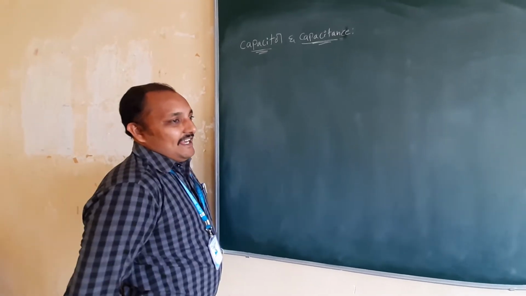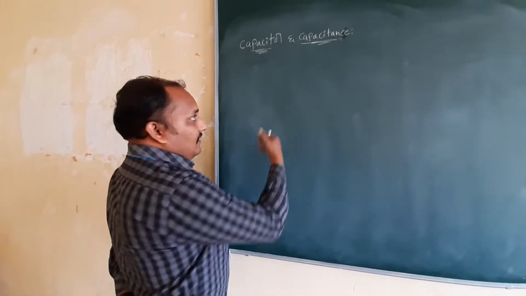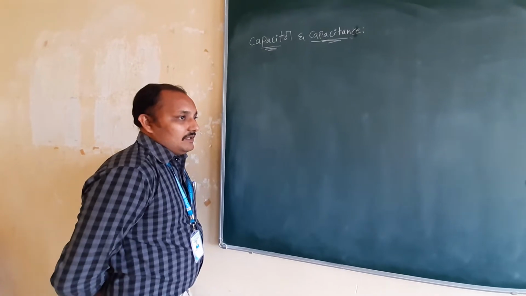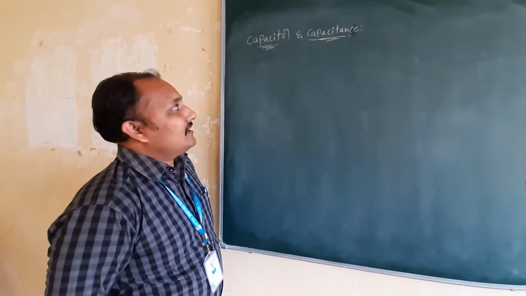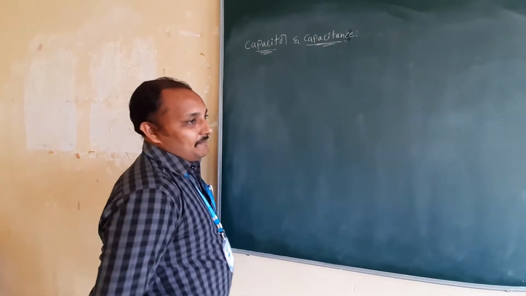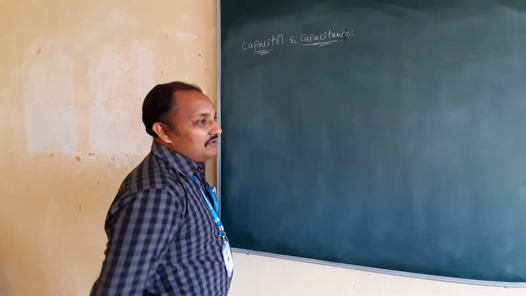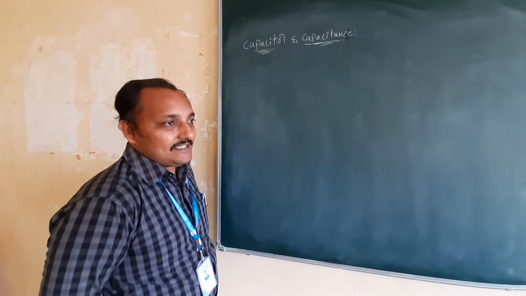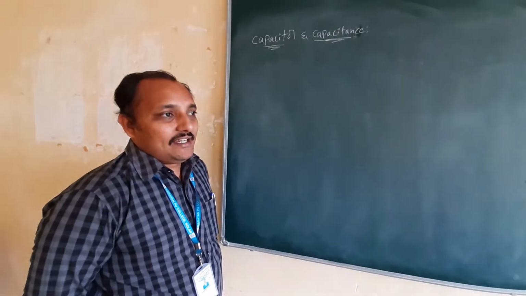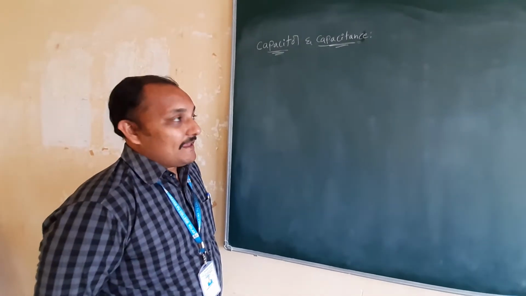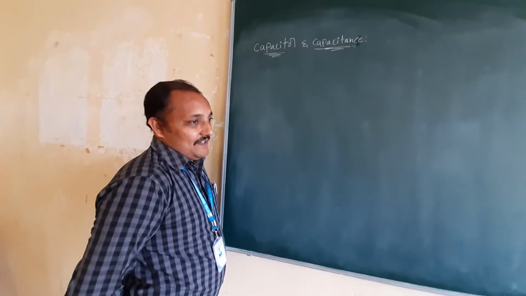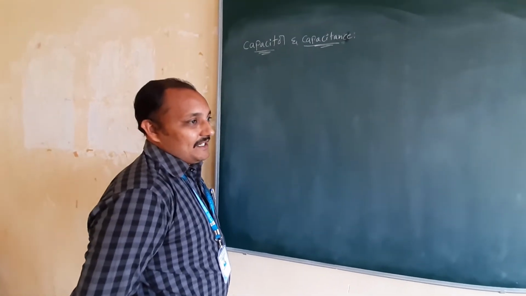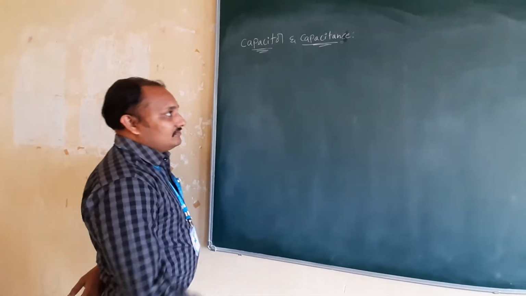In our textbook, we can give the definition in another way: two conductors separated by an insulator is called a capacitor. That is the capacitor definition.